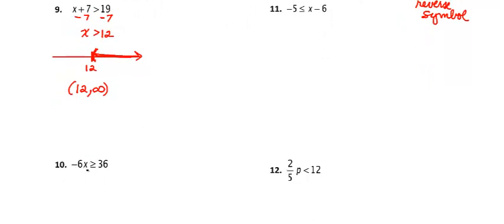Negative 6x is greater than or equal to 36. To solve for x, we have to divide each side by negative 6. The dividing by negative reverses the inequality symbol, so we get x is less than or equal to negative 6.